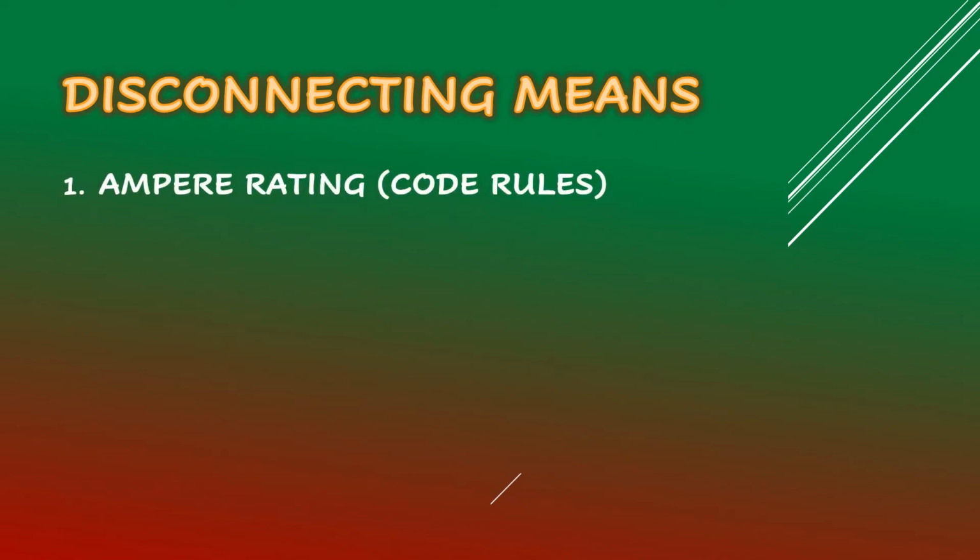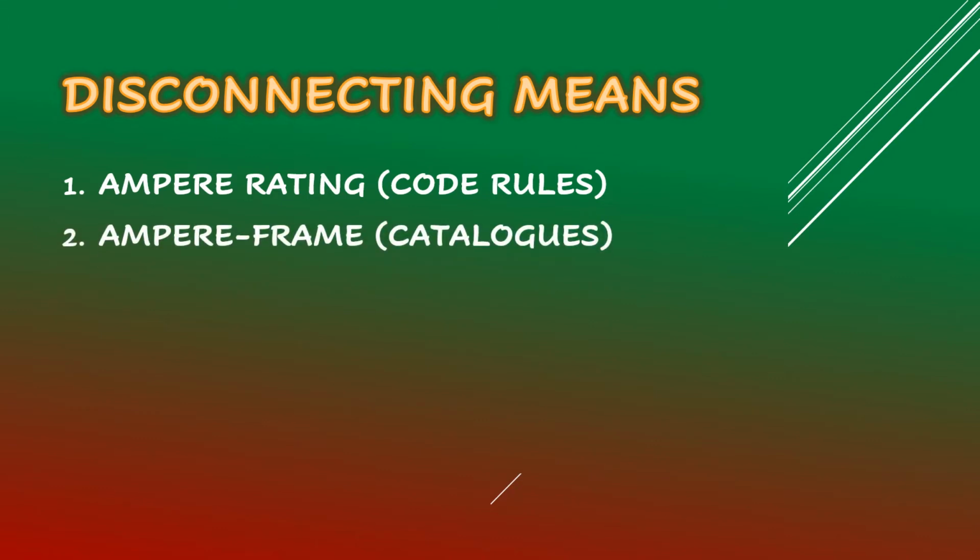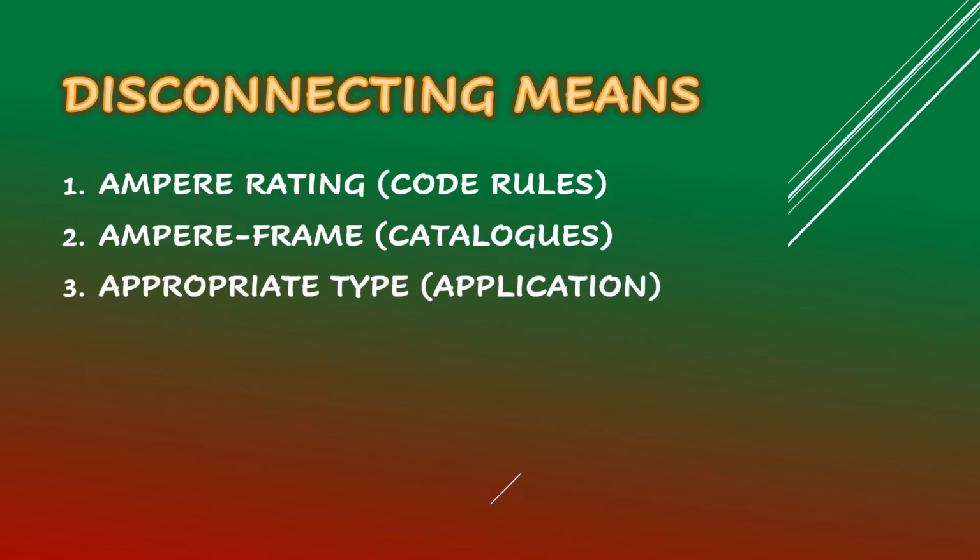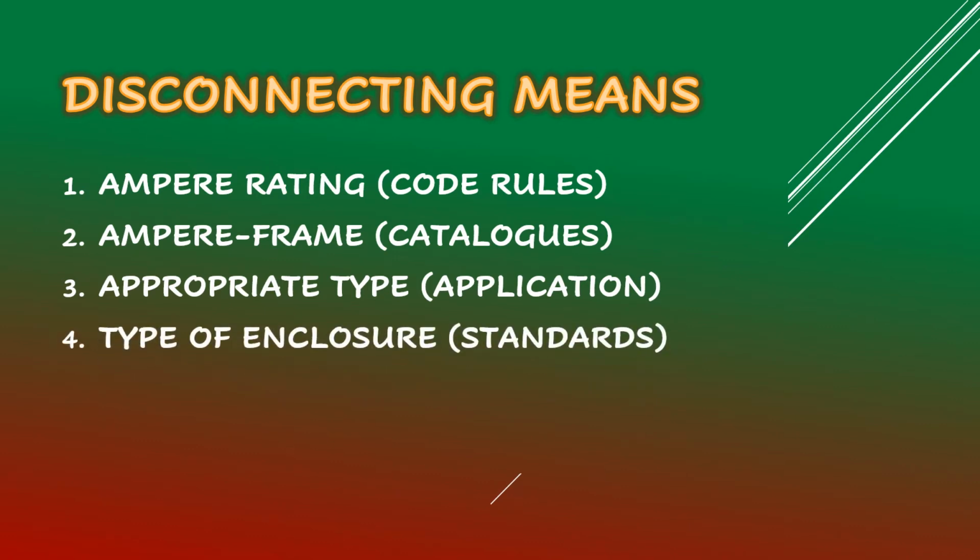So for the disconnecting means, what are we going to determine? Number 1, the ampere rating, which is provided by the code rules. Probably the ampere frame, which is provided by product catalogs. The appropriate type of disconnecting means, which depends on the application.